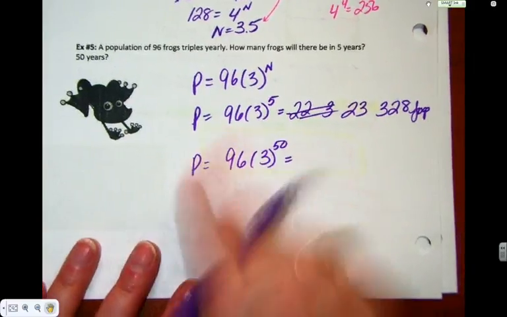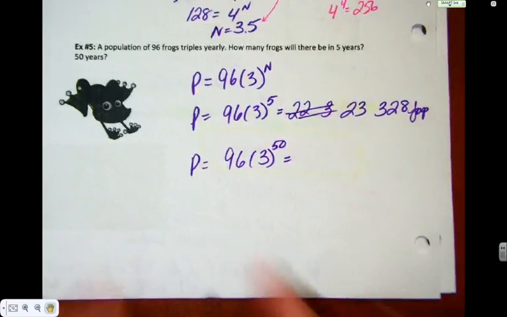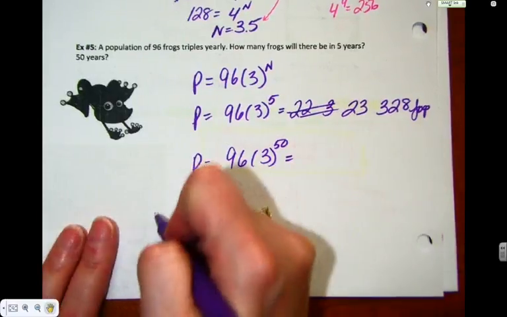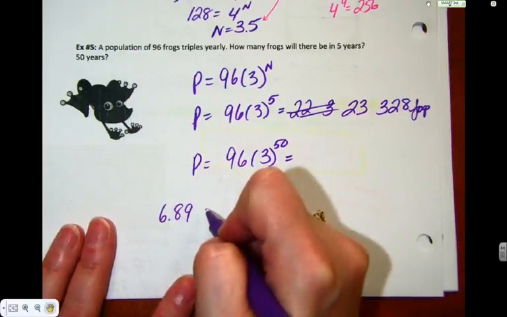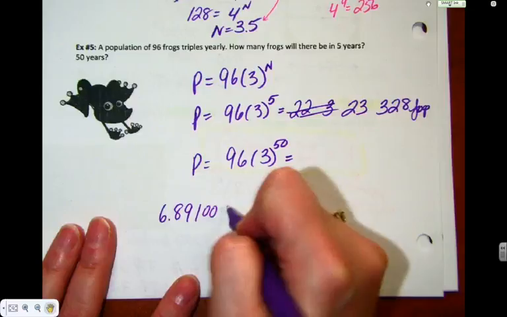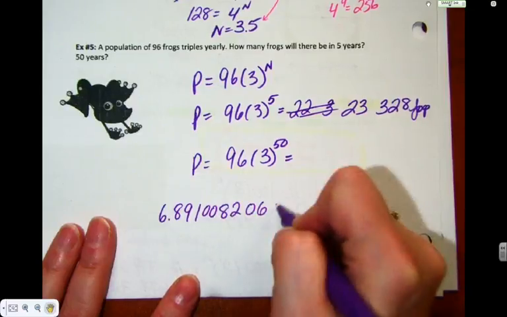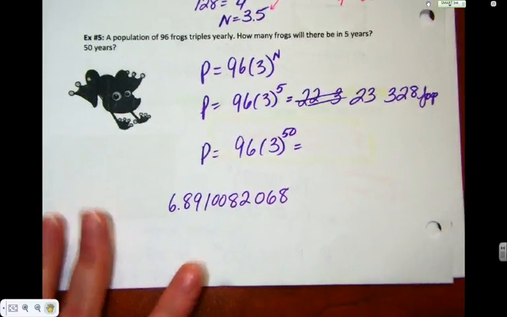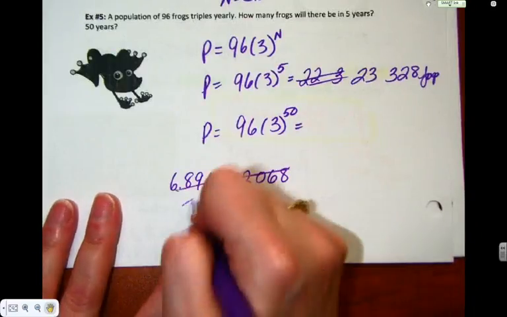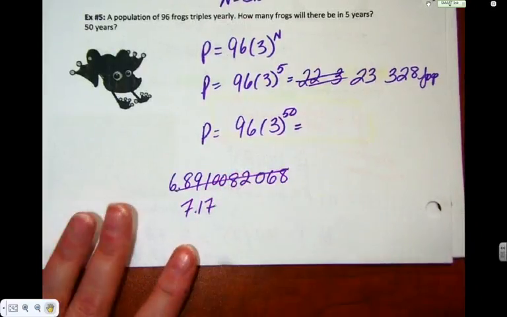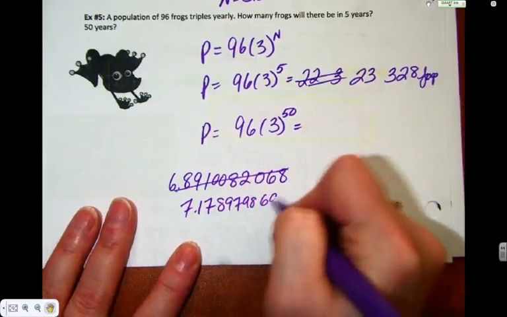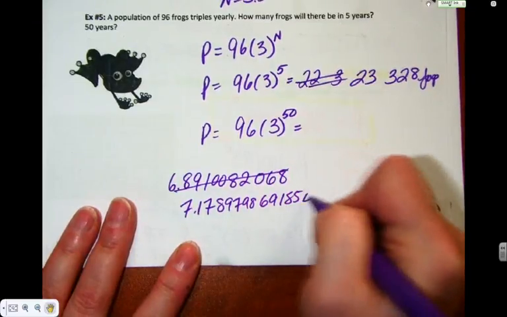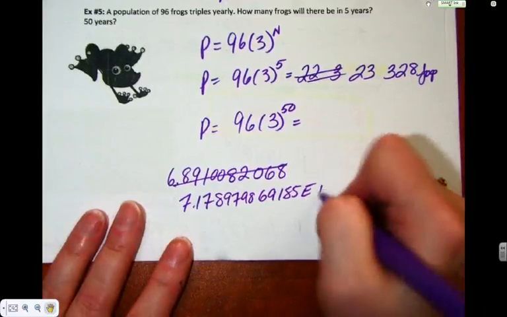Second one, same thing except it's 50, and your calculator probably gave you a really weird answer, so tell me what your calculator said. 6.89. 182. Oh, I got 7.17. 8, 9, 7, 9, 8, 7, 9, 1, 8, 5, E plus 23.